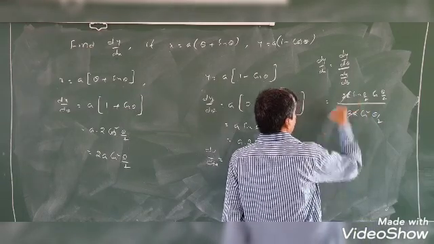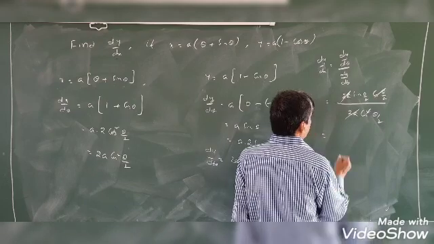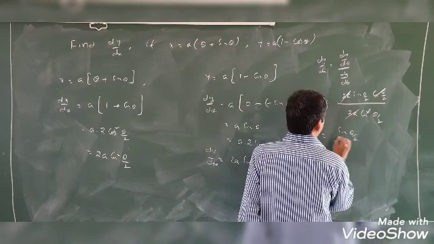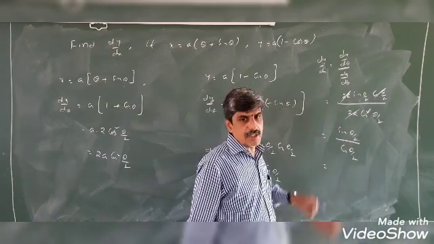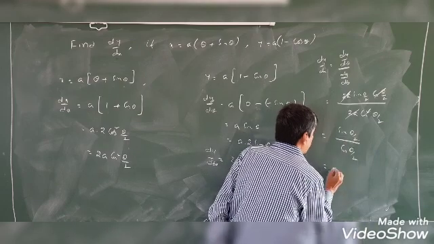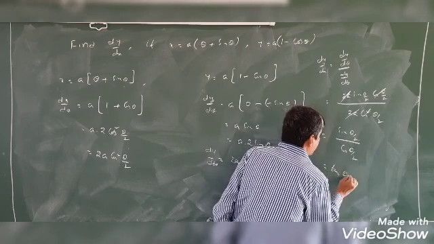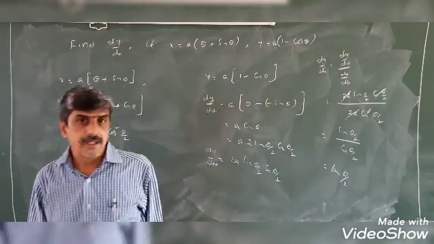So the 2a gets cancelled, and one cos theta by 2 is cancelled. Remaining is sin theta by 2 by cos theta by 2. Sin by cos is nothing but tan, so sin theta by 2 by cos theta by 2 is tan theta by 2. Therefore dy by dx is tan theta by 2.